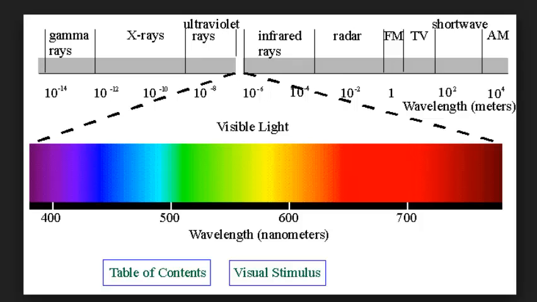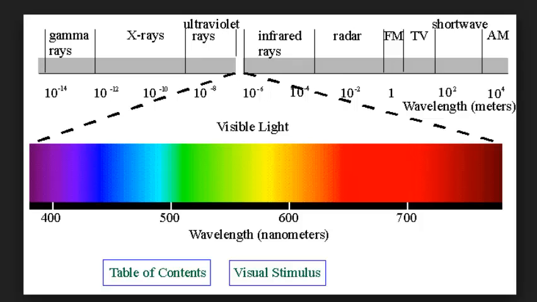How that light interacts with our eye, essentially, changes. So, if you've heard of Roy G. Biv, red, orange, yellow, green, blue, indigo, violet, this is Roy G. Biv.